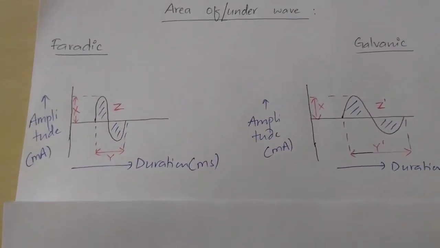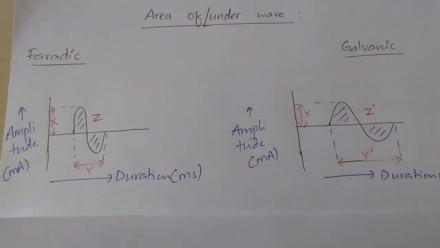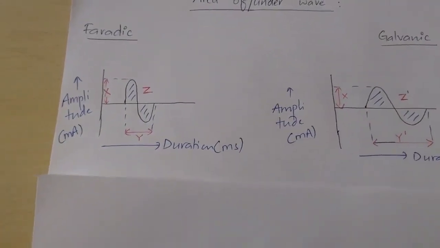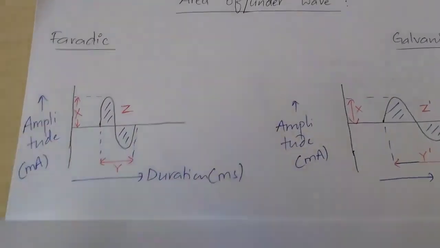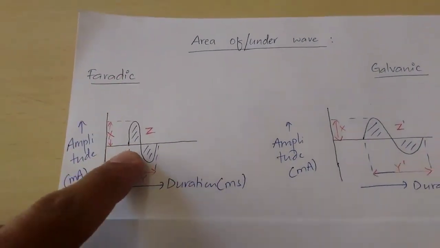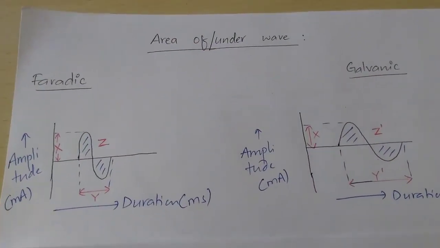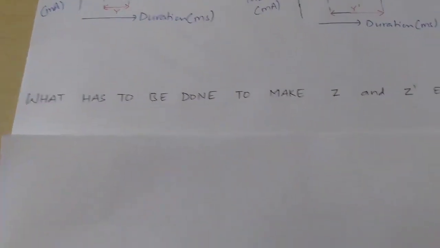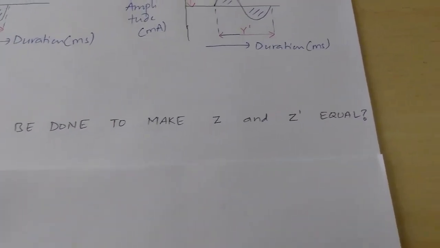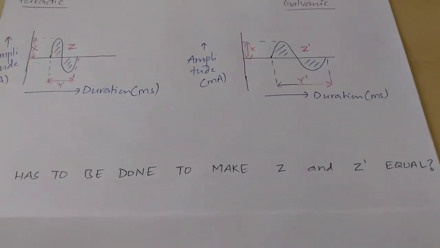So when we say that we want to increase the effect of stimulating current, we are actually increasing the area under the curve, or the amount of charge that gets transferred. Now what has to be done to make Z and Z dash equal?